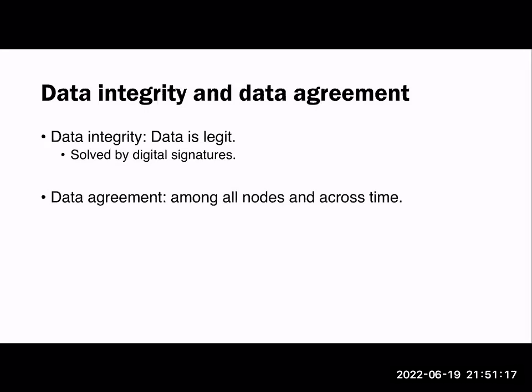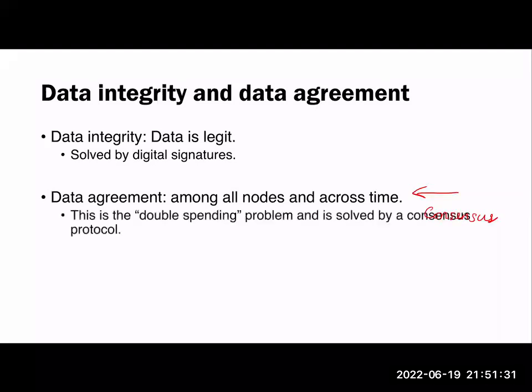And that's what data agreement means. And the focus of today's lecture is on the consensus problem, which is the data agreement problem. So this is the consensus problem, and this is what Nakamoto meant by the double spending problem. Okay, so I'll explain that.